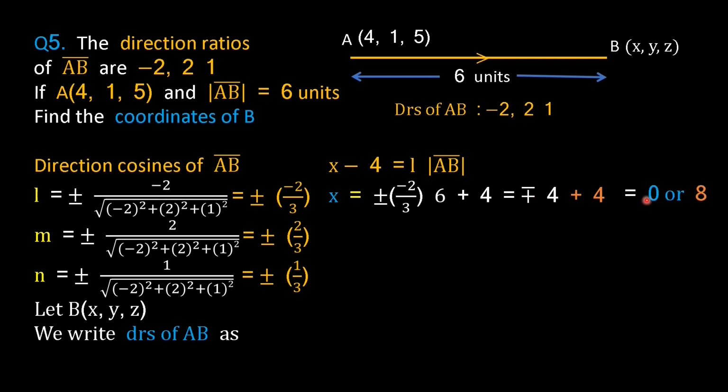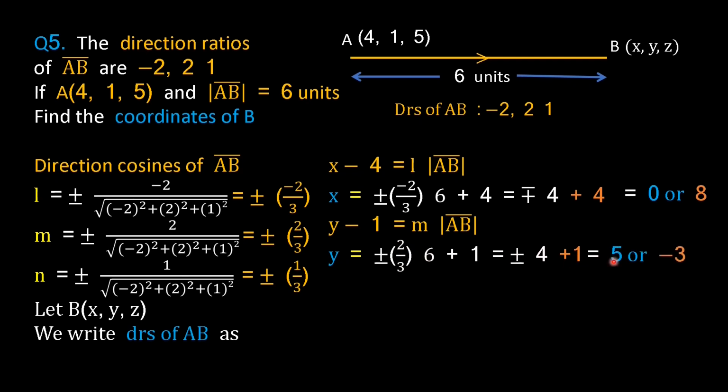So that will be either 0 or 8. y minus 1 will be m times mod AB bar. That will be y equals plus minus 2 by 3 times 6 plus 1. 3 2s are 6, 2 2s are 4, so it will be plus minus 4 plus 1. So that will be either 5 or minus 3.